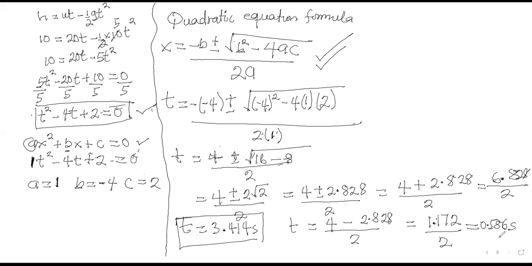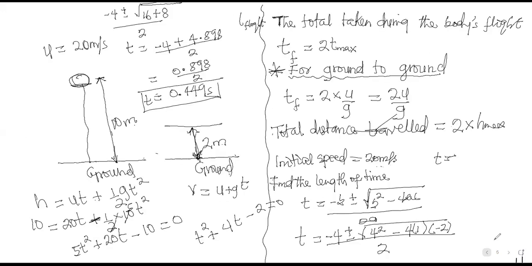Then the other question: find the length of time the stone is above a height of 10 meters if the stone is thrown from 2 meters above the ground level. The only difference is that if the stone is thrown from 2 meters above the ground level, let me refer to the first drawing, the stone will go through a height of 8 meters.